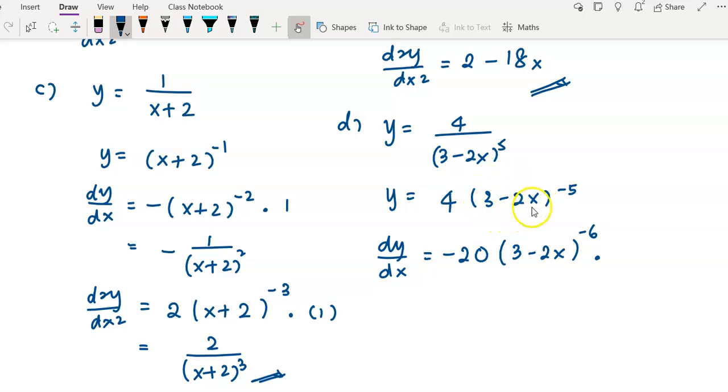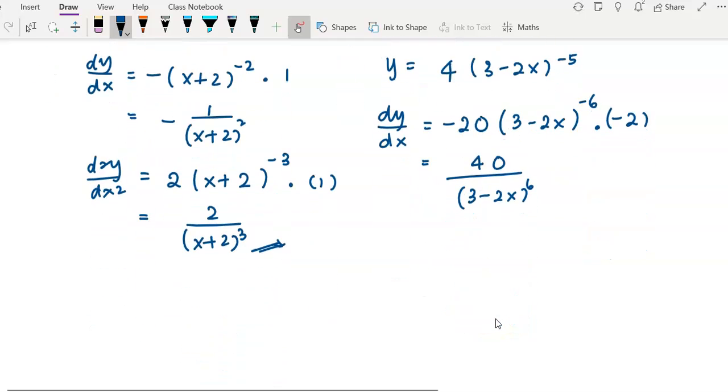Differentiate 3 minus 2x with respect to x, you get negative 2. Put a bracket for it. And after that, you simplify it. Negative 20 multiplied by negative 2, you get positive 40 over 3 minus 2x to the power of 6, because the negative power means it will be put at the bottom as a denominator. So this is the dy dx.